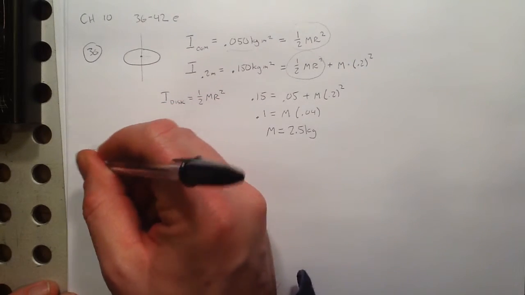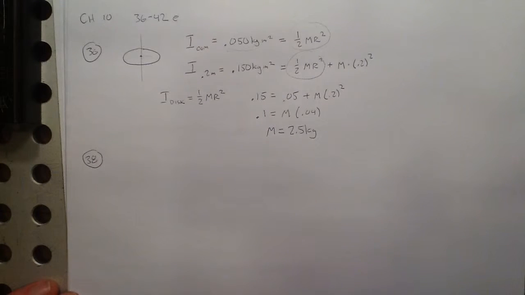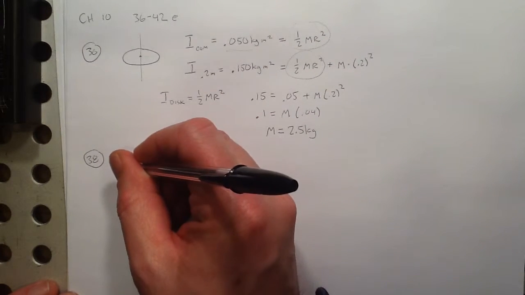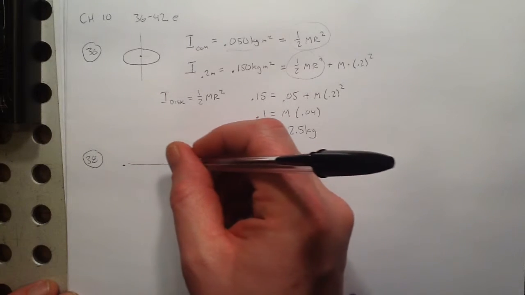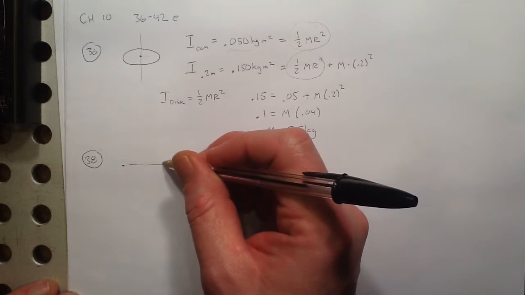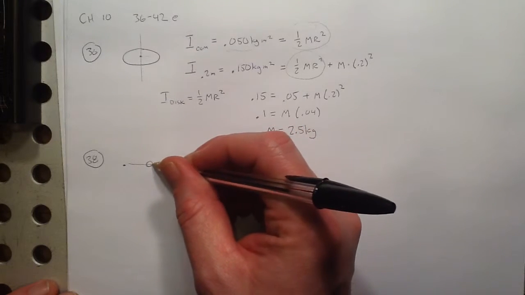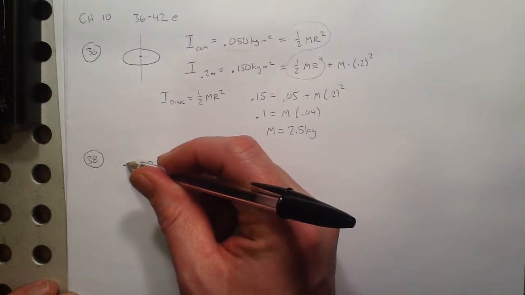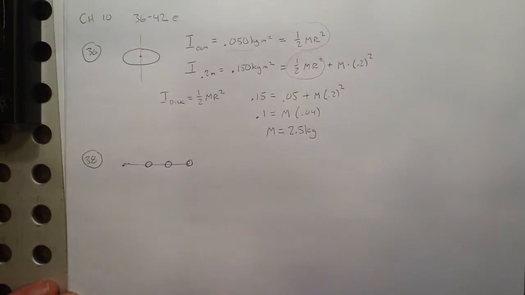Number 38. In this one we have an axis with a thin rod of negligible mass. What does that mean? It means we can ignore any effect that the rod has on the moment of inertia.